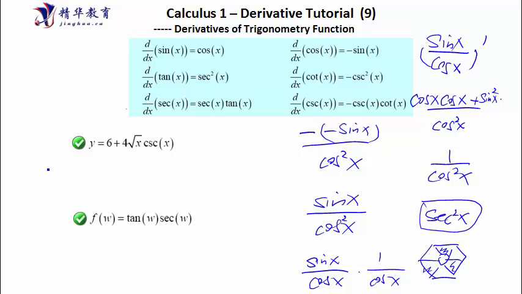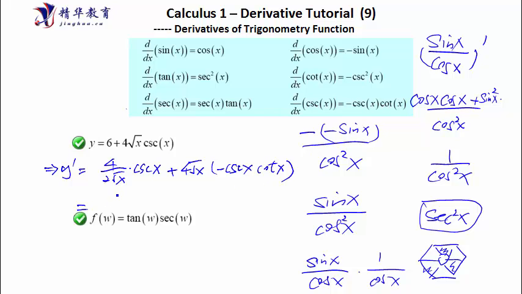The question will be very easy. Derivative of this, y prime equals what? That's the simple product rule, right? Product rule: the square root derivative is 1 over 2 square root x, times 4 cosecant x, plus the other part, which is not changing at all, times the cosecant derivative, which is negative cosecant x cotangent x.